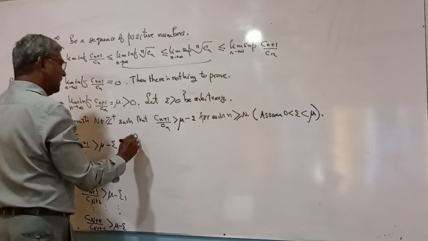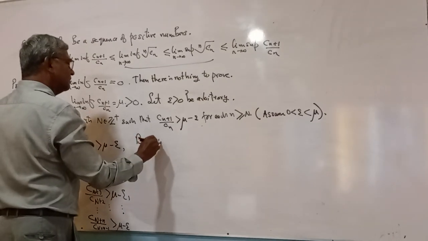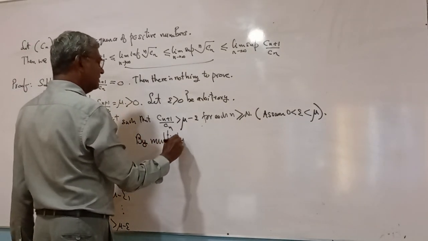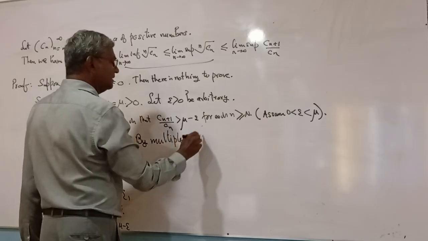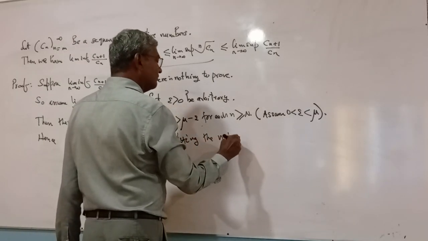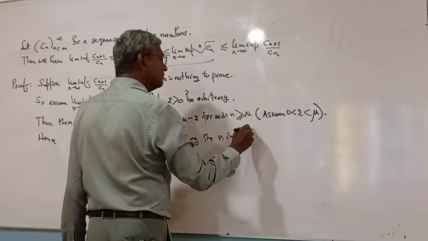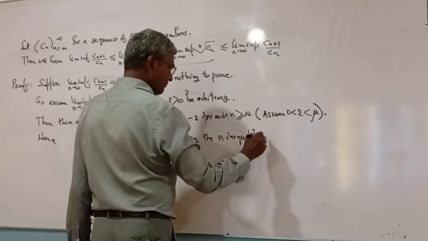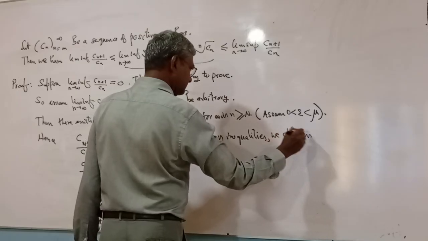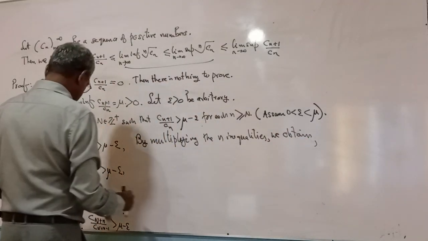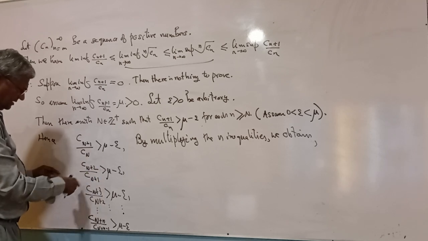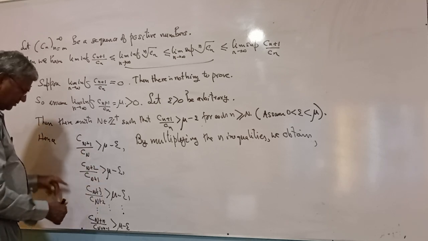Multiplying the n inequalities, we obtain, like before, it cancels, no? Cn plus 1, Cn plus 1, Cn plus 2, Cn plus 2.